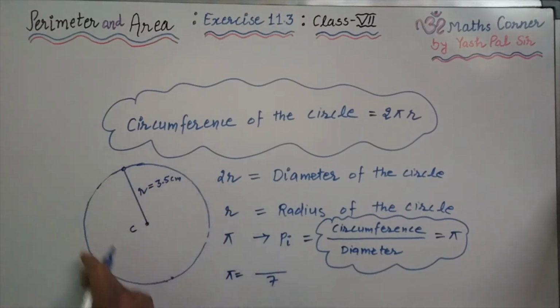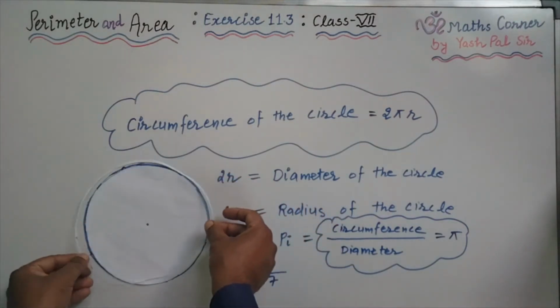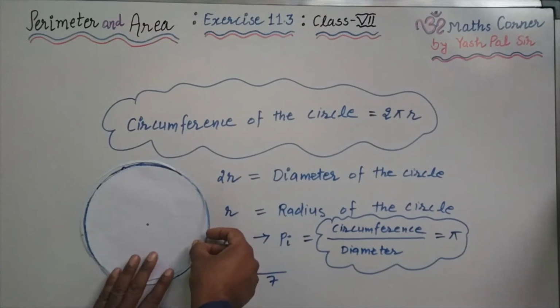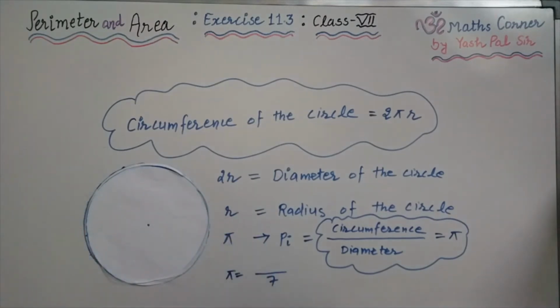Now let us see what is the length of the circumference. Again I am taking the same circular sheet, and this is the frame that is outside this circle. With the help of the paper cutting, I am going to illustrate this.